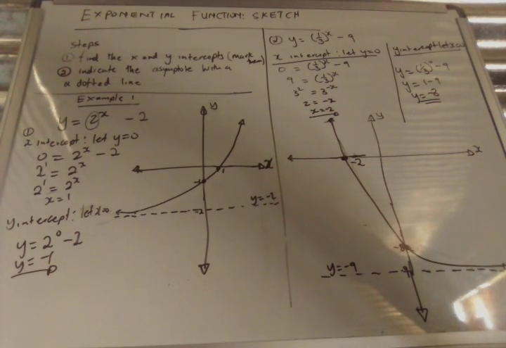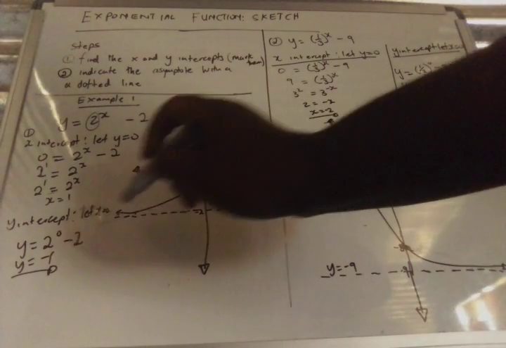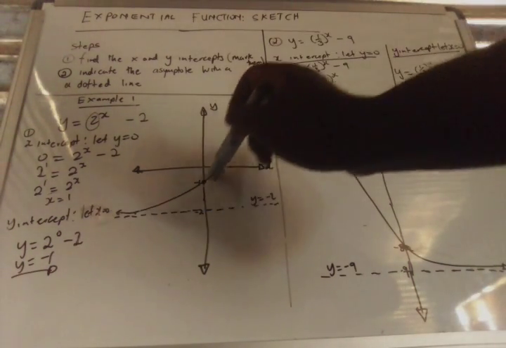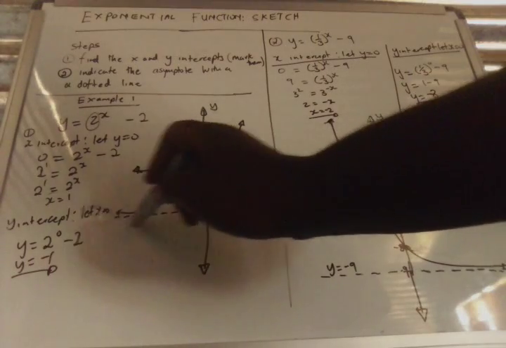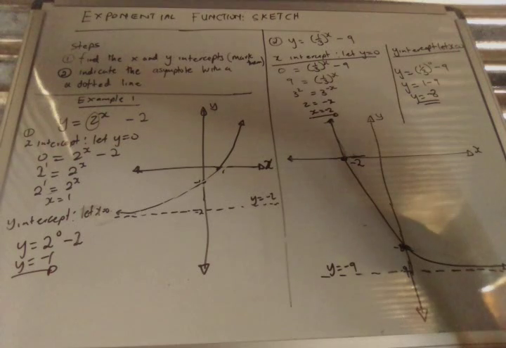The q is minus 2, so it means y equals minus 2. So we draw a dotted line on y equals minus 2, which is what I did here. Then I join the 2 points and make sure that the graph doesn't touch the asymptote y equals minus 2.